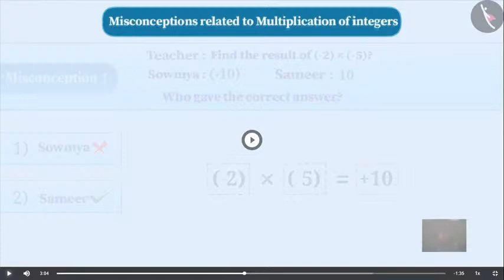Minus 3 multiplied by 4 means you are increasing negative 4 times. So the answer is minus 12. But negative 3 multiplied by negative 4 becomes reducing negative. And reduce negative.